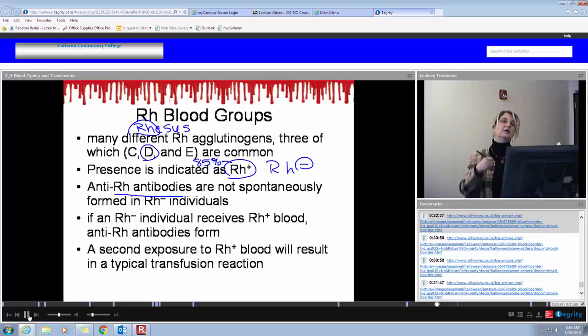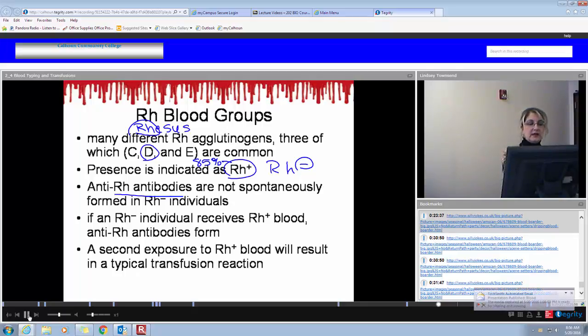It's like the immune system has to be triggered to form these. So let's say an Rh negative individual receives Rh positive blood. Well, the immune system is going to recognize that Rh factor, that Rh antigen on those erythrocytes, and it's going to form those Rh antibodies.